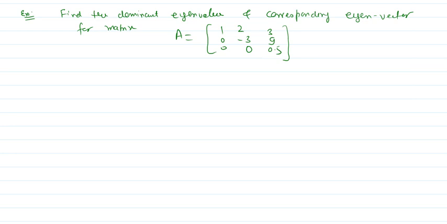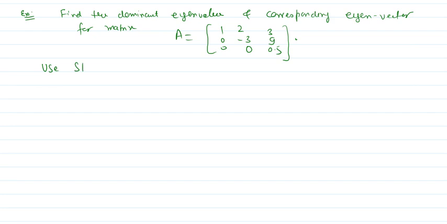So the power method picks the dominant eigenvalue in magnitude, so the dominant eigenvalue is called the eigenvalue with the largest magnitude. So this method will pick minus 3, and we will see that. And here we impose one stopping criteria.